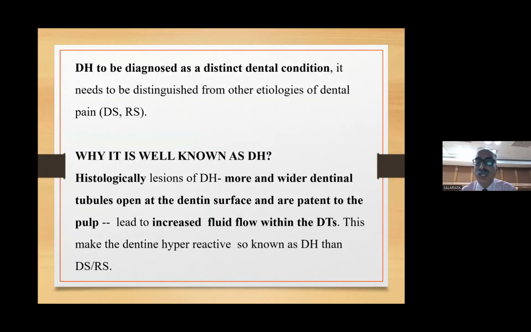For that, the dentine is not only required to be exposed in the oral cavity, but it should have a larger number of dentinal tubules available at the dentinal surface, and they should be patent to the pulp, so that fluid movement within the dentinal tubules is transmitted to the pulp. That is known as hyperreactive dentine.